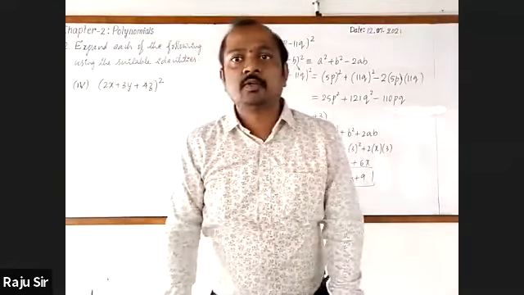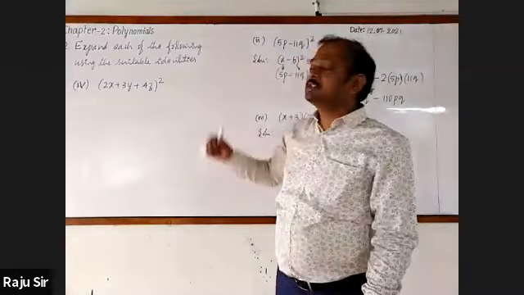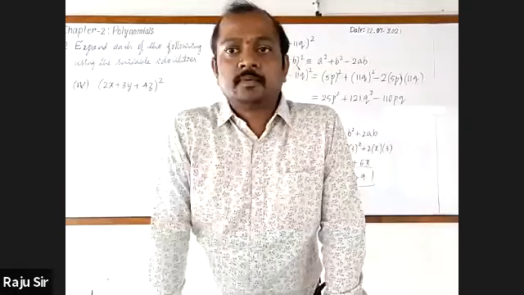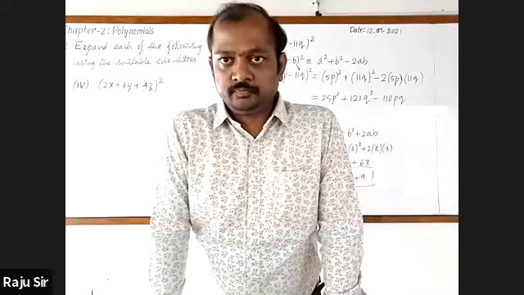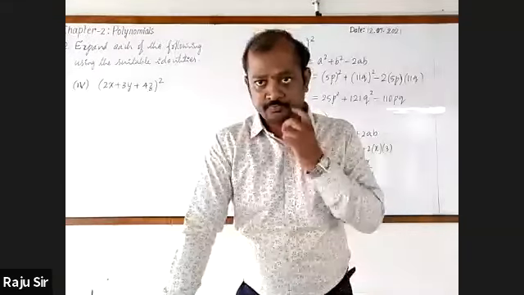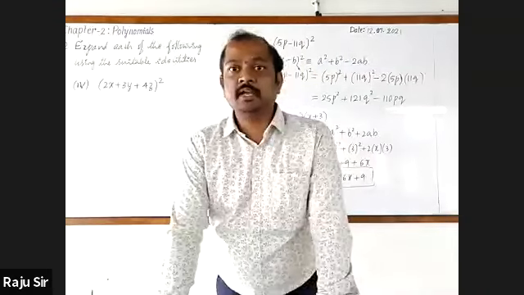Tanush, could you tell in the form of which identity it is? A plus B plus C whole square. Yes, A plus B plus C whole square.